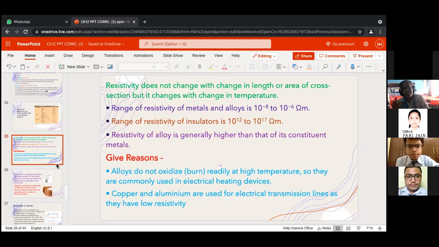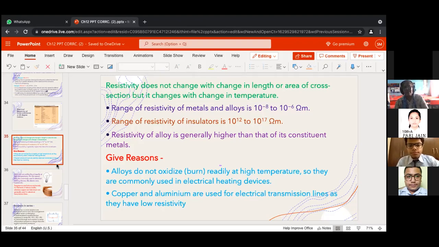So how would it be affected? It will not be affected. Agree? Temperature will affect the resistance. In the last topic we discussed that temperature should remain at room temperature. If the temperature is lower, then also Ohm's law will not be obeyed. If the temperature is higher, then also Ohm's law will not be obeyed, right?